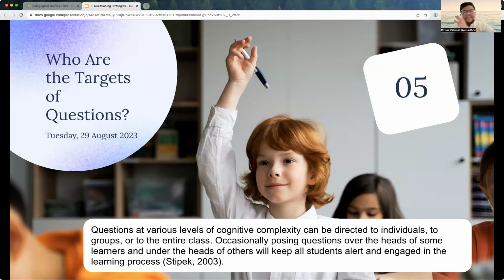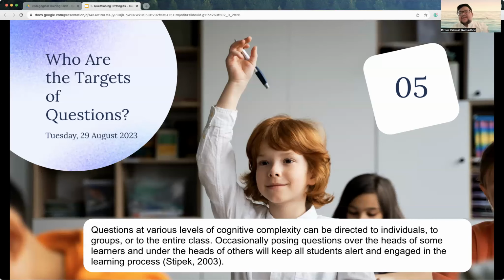But if you ask the question first and then say, I'll give you 1 minute or half a minute to think about the answer, and I will choose a random name, all students will formulate their answer in their mind, and everyone will be ready to have their name mentioned.